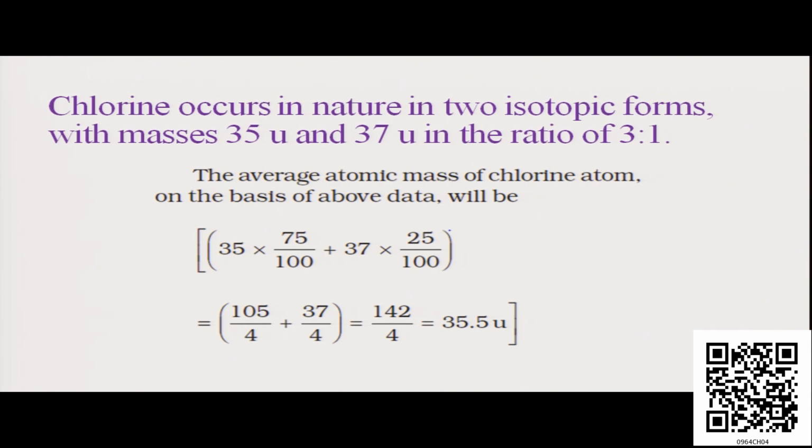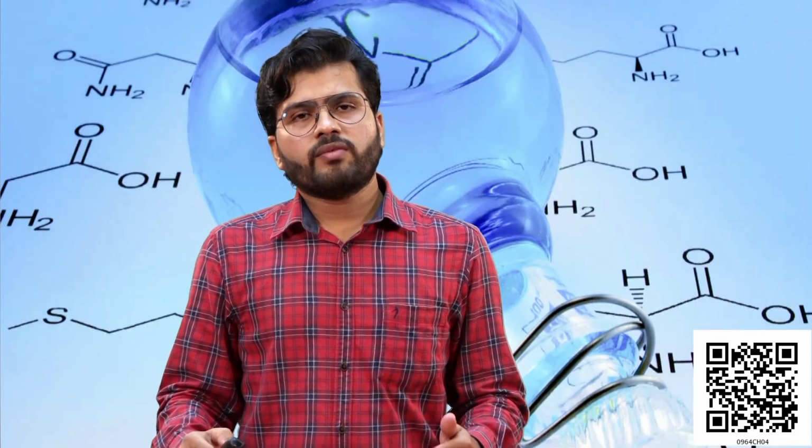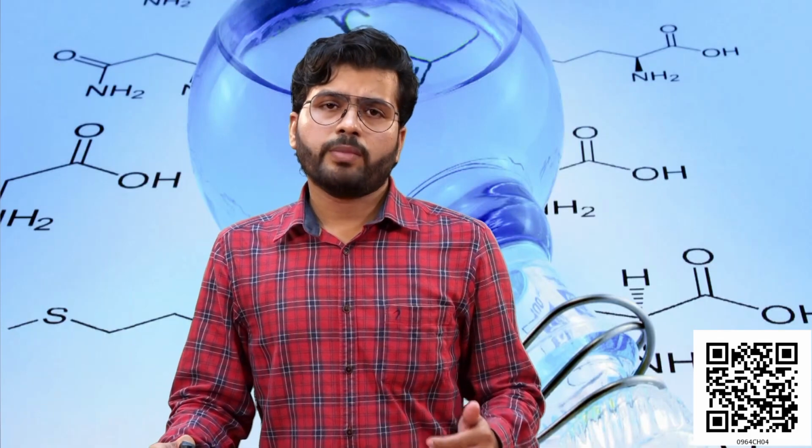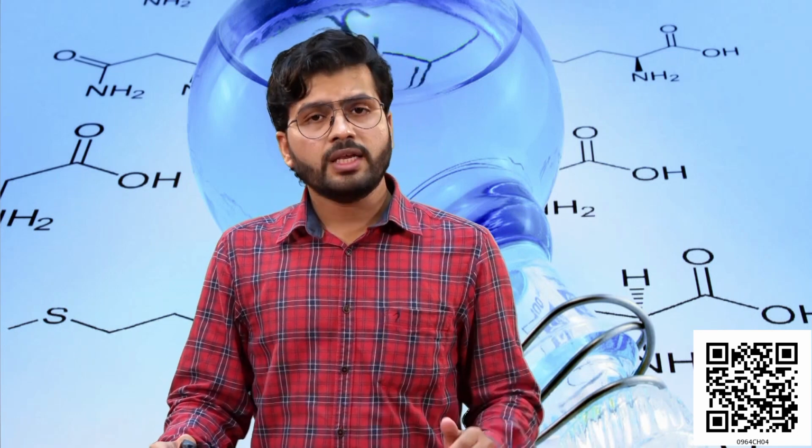As you can see on the slide, 35 multiplied by 75 by 100 plus 37 multiplied by 25 by 100, and when you solve it, the result will be 35.5 U, and we use the average atomic mass of chlorine as 35.5 U. So, this is how we can calculate the average atomic weight or average atomic mass of different elements which have isotopes. I hope it is clear.